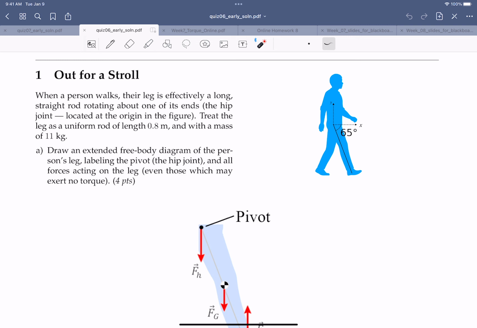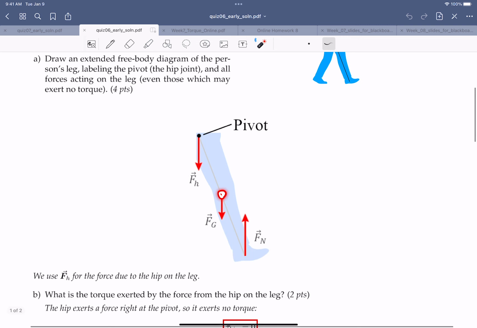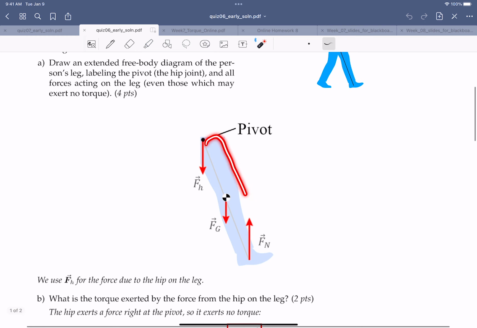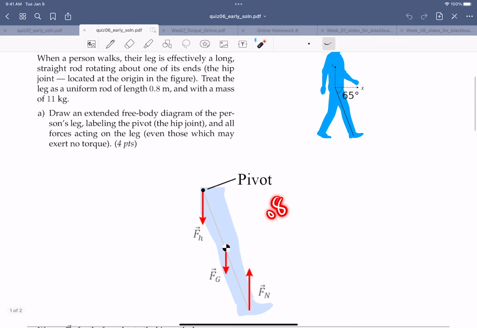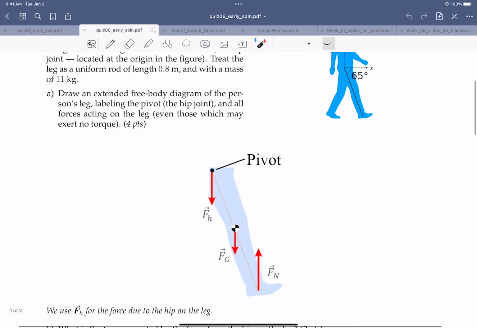Yeah, exactly, it's in the exact center. So if it's a uniform rod, the center of mass is going to be the exact center of it. They said the length was 0.8 meters, right? Then the center of mass is 0.4, smack dab in the middle.